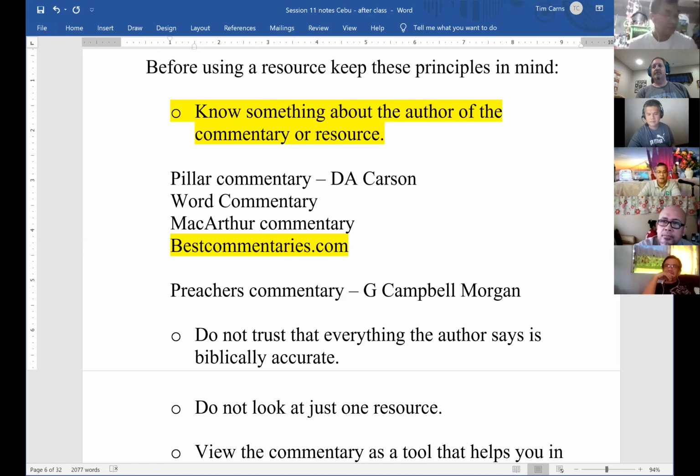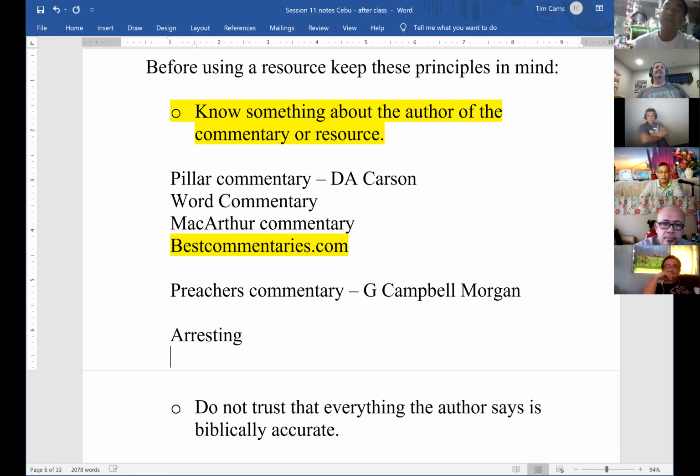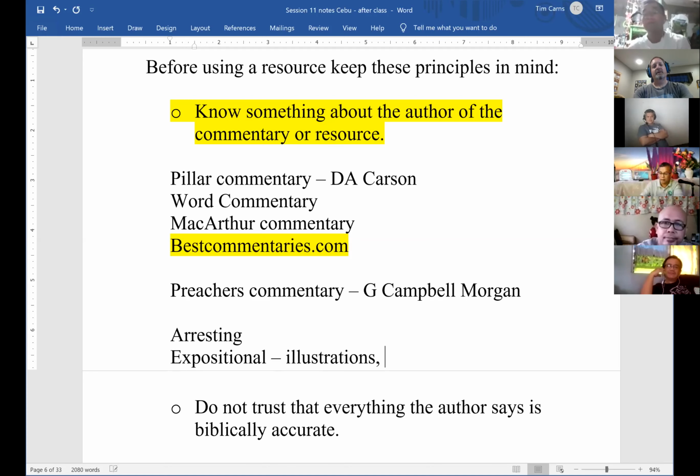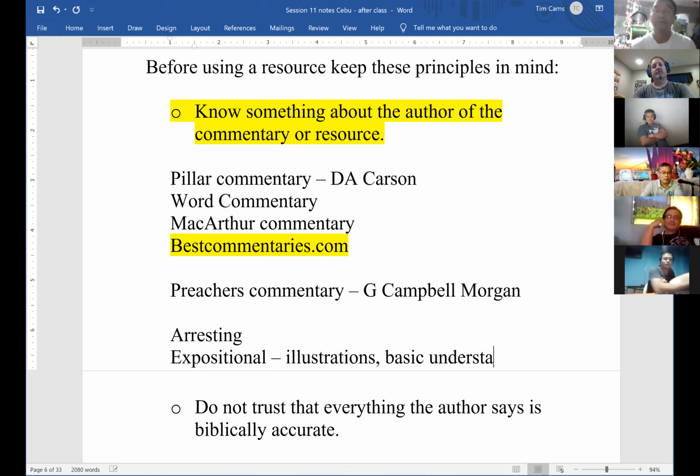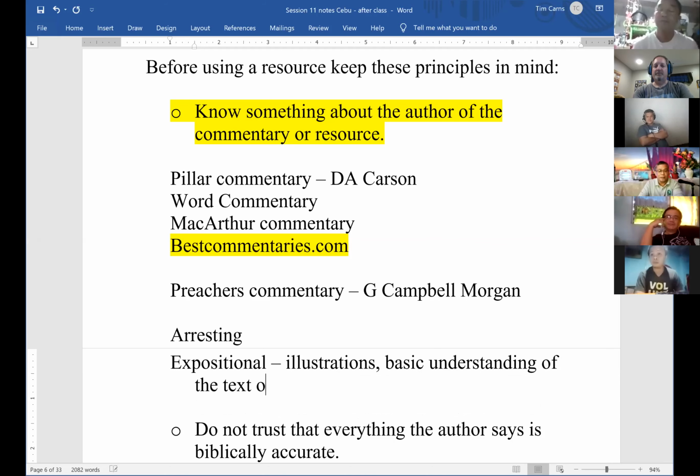He's got good illustrations. He likes to use the word arresting a lot. So he would be helpful for illustrations and a basic understanding of the text overall. But if you wanted to do a particular word study or understand the details of a certain phrase, he may or may not say something about it.